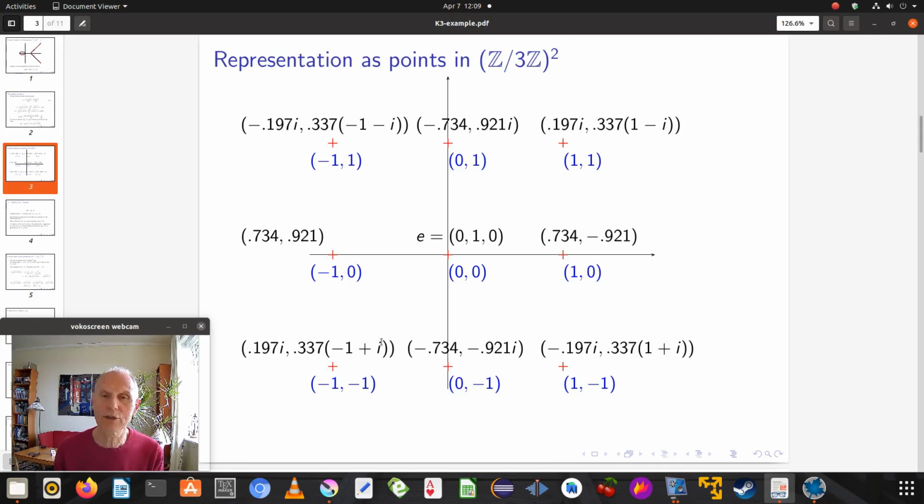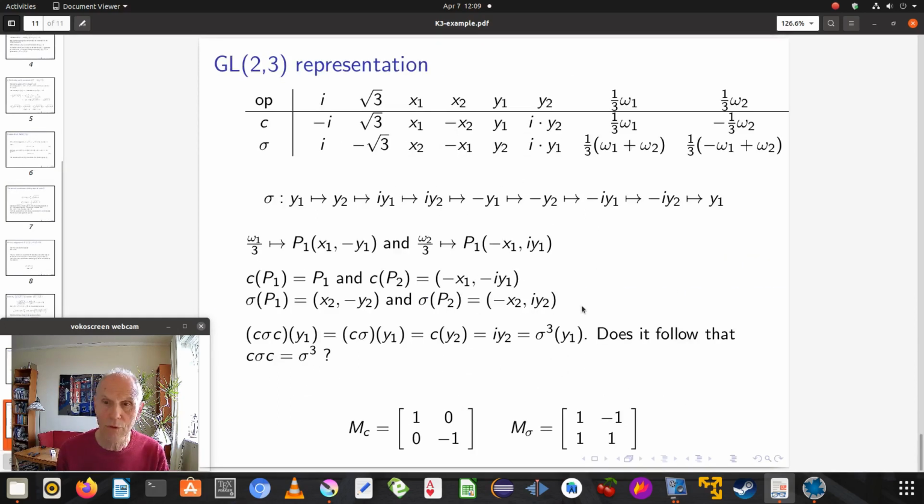This was iy2, so this is the guy, so it goes to 1.1. Oh, that's where we are, 1.1. So that's 1.1, and that gives the matrix of sigma this 1, 1.